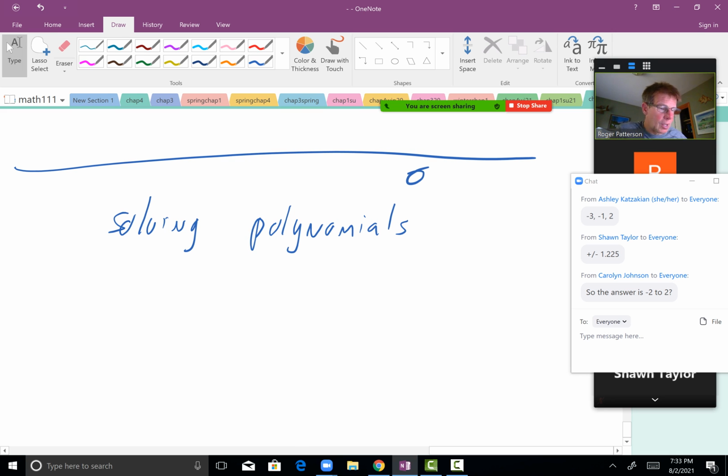I have some written here that I'm going to put down in the chat and have you graph them and find some x-intercepts. Then we're going to go from there. Let me put this in here. Now I'm going to put an equals 0 on there. So go ahead and graph it and find the x-intercepts.